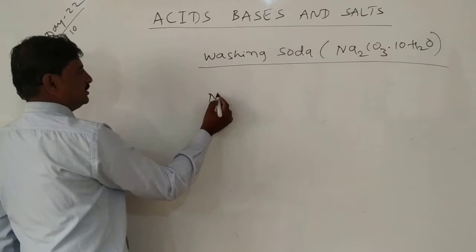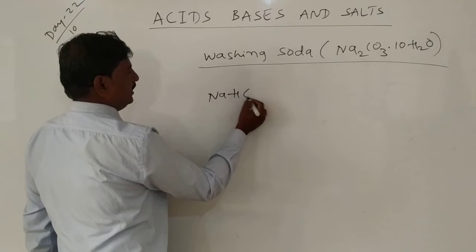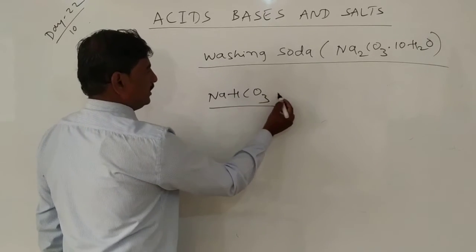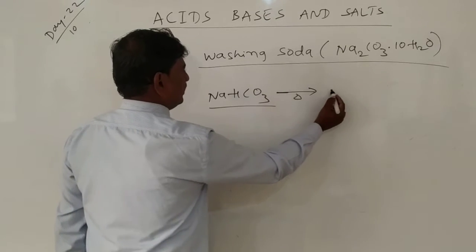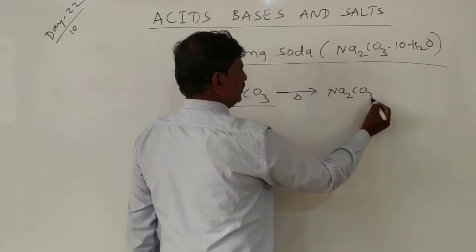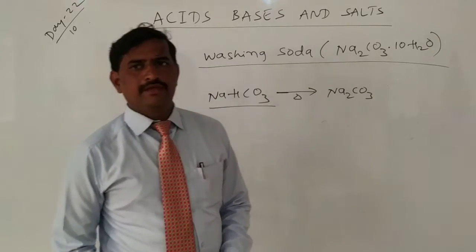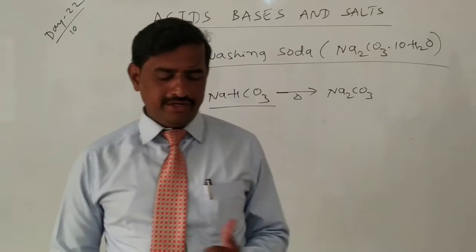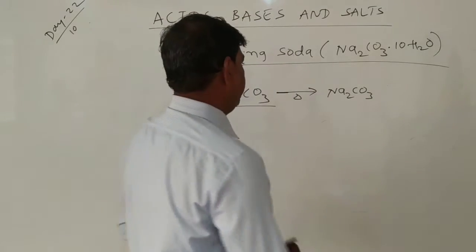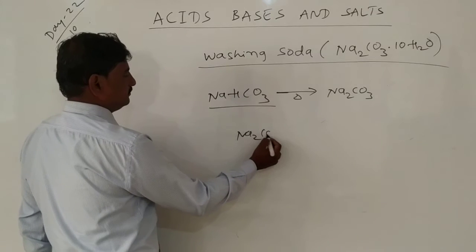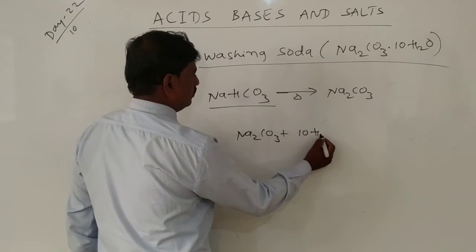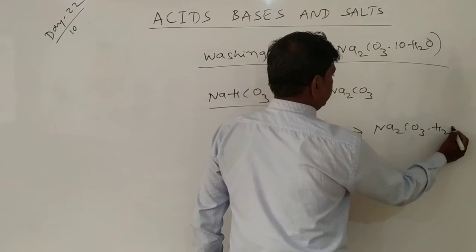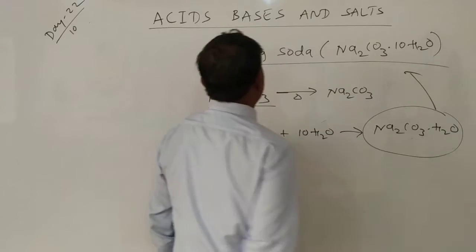By heating NaHCO3, which we already know is sodium hydrogen carbonate or sodium bicarbonate or baking soda, we will get Na2CO3. And by the recrystallization method, Na2CO3 plus 10H2O, we get Na2CO3.10H2O. This is nothing but washing soda.